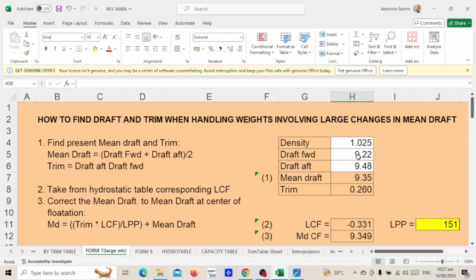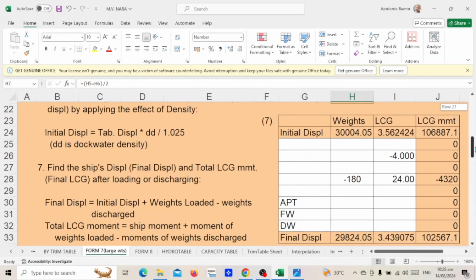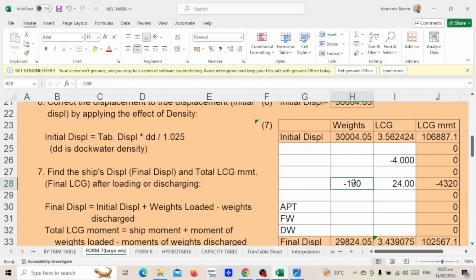So this draft, you put 9.23, and your aft draft will be 9.37. Okay, so with this draft, you already took out 180 metric tons.